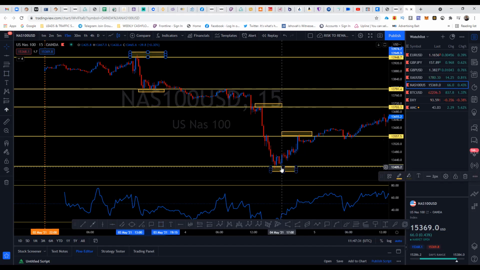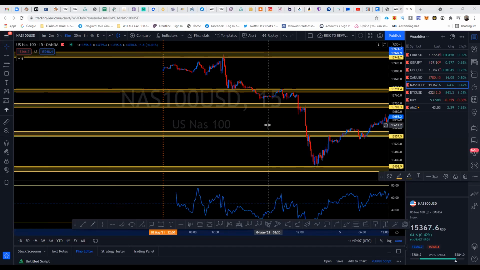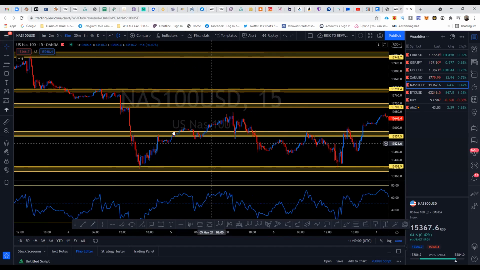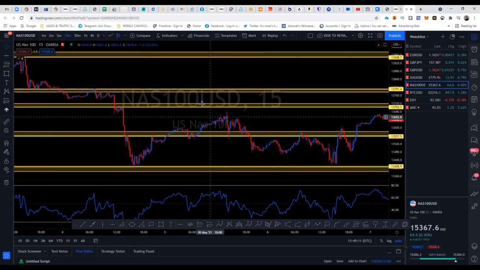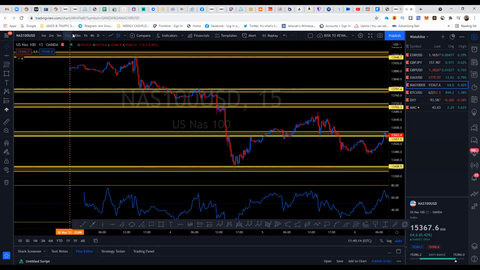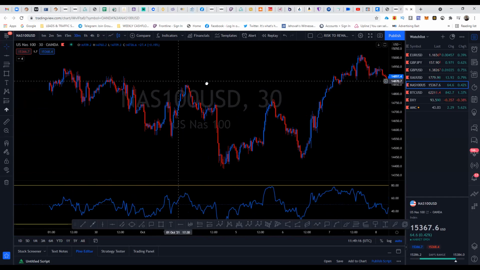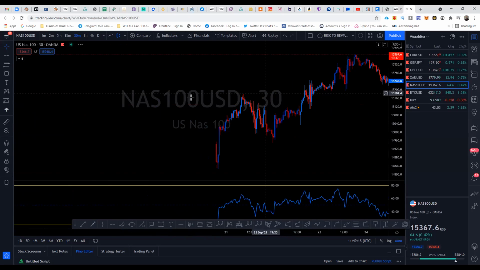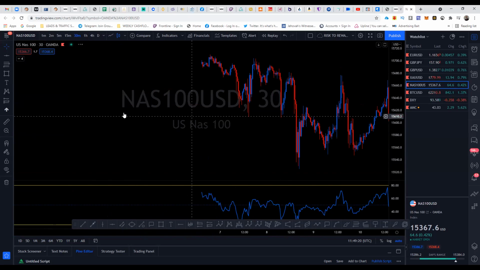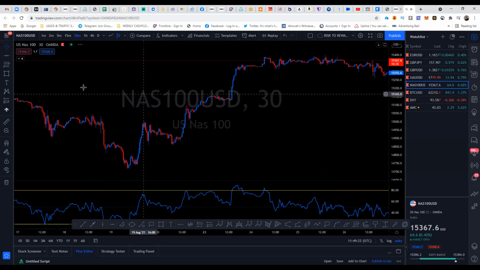All right. So now I'm going to go ahead and change the coordinates to these, and then I'll be right back. All right, so we marked up the zones all the way up until this point. So let's go on and head up to the 30-minute. So let's go all the way back.